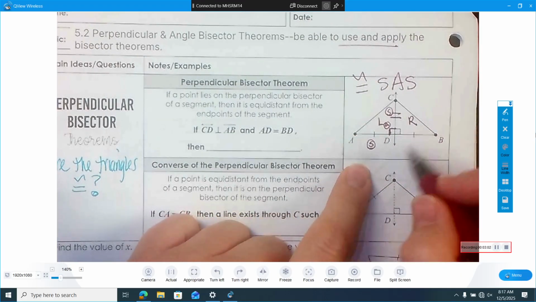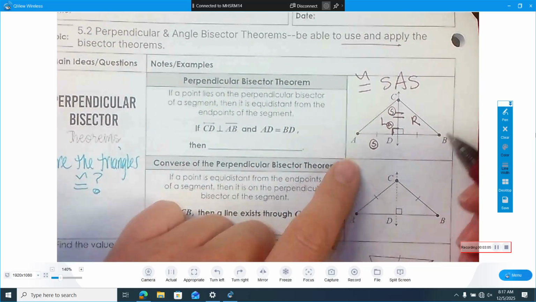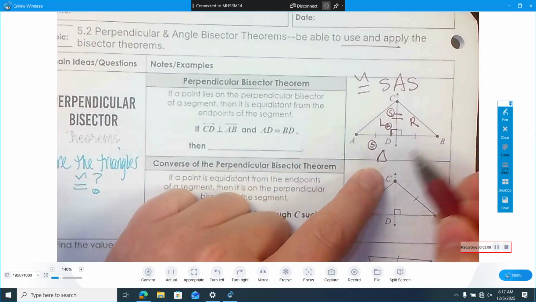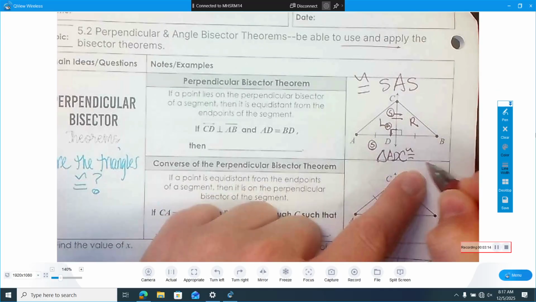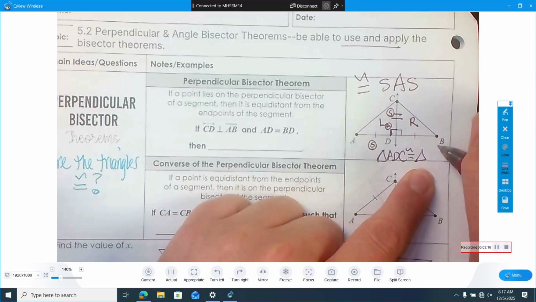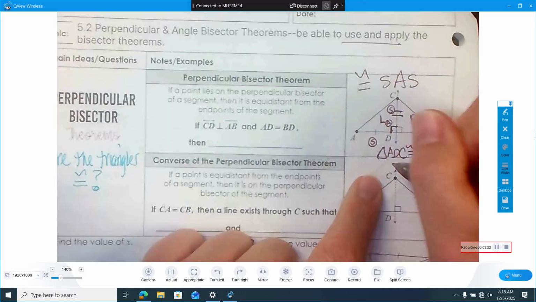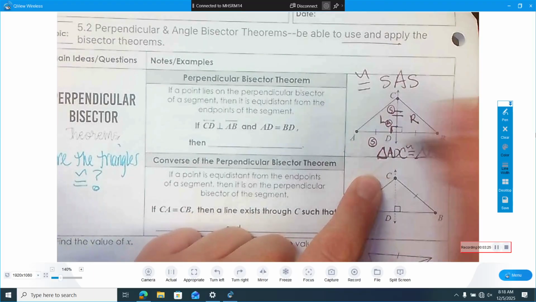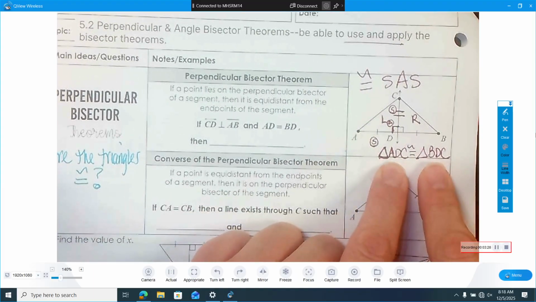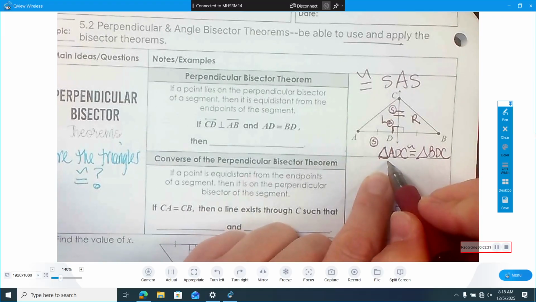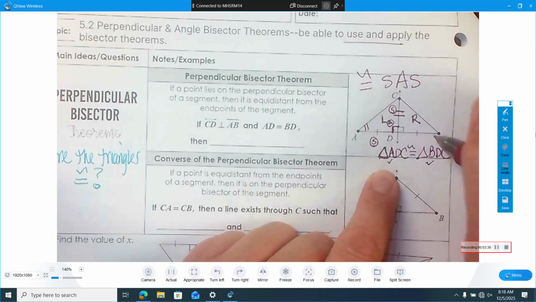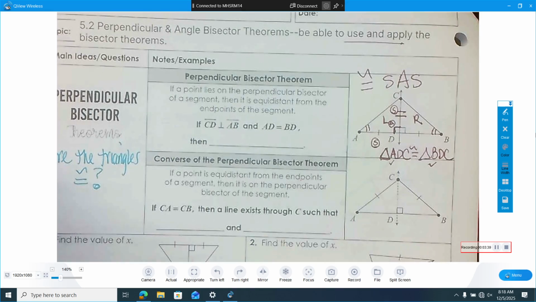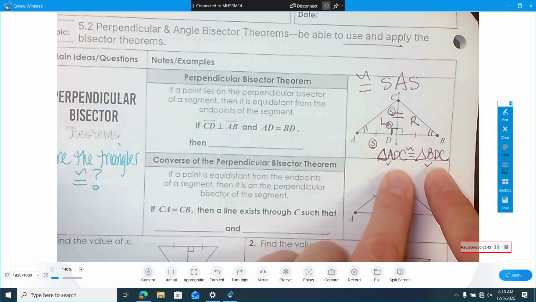If these triangles are congruent, I can write a congruency statement that says triangle ADC is congruent to triangle what? BDC, very good. Because you guys just took this test and did very well on this question, when we have a congruency statement, I know that angle A is congruent to angle B. I know that angle D is congruent to that angle D in there.